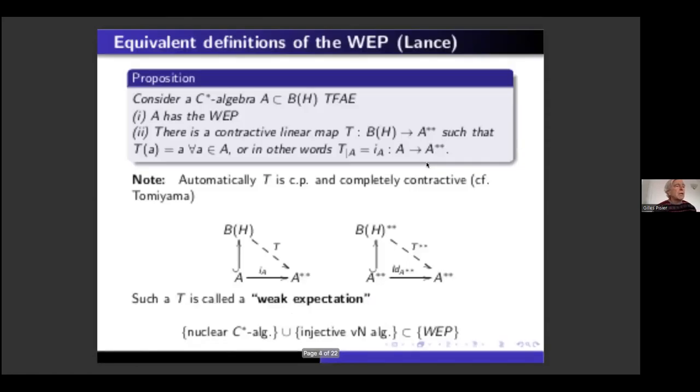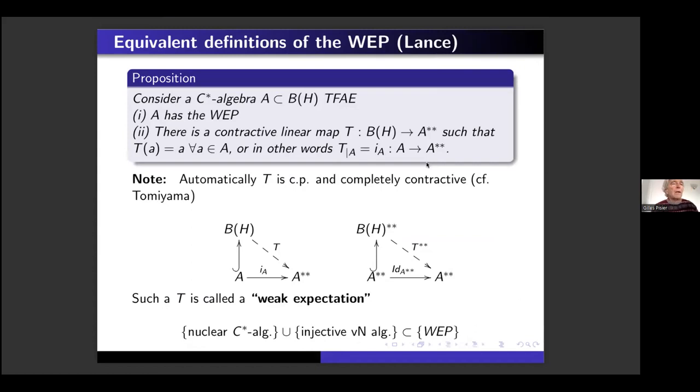So injectivity is the existence of a projection of norm 1 from B of H to the space, and the weak expectation property is like this, provided the bidual is embedded in the bidual of B of H by the bitranspose of an embedding. The reason I insist is that if you don't say by the bitranspose of an embedding, then the property will characterize, it's very strange, quotients of WEP C-star algebras, for which, well, except for the problems around the Connes embedding problem, no counterexample is known.